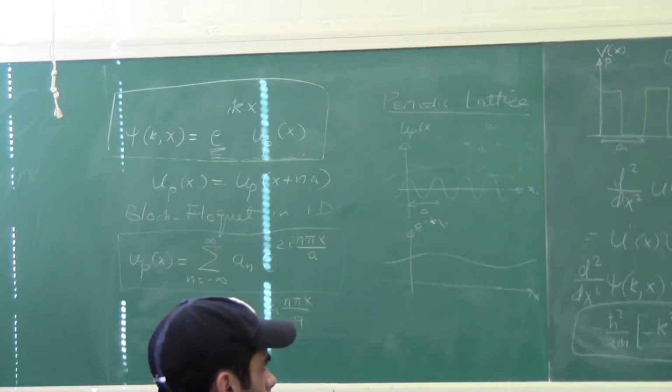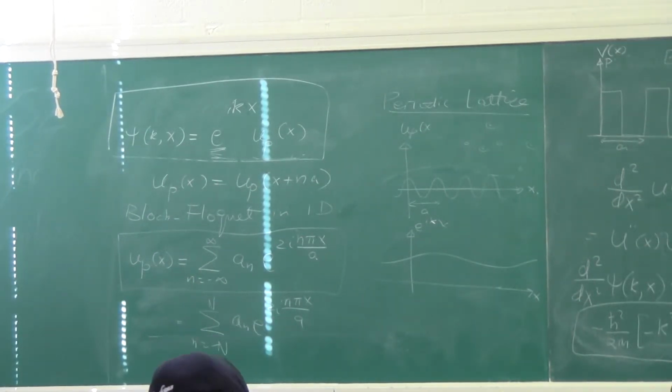Okay? And the question to ask is: is the matrix system that we finally obtain Hermitian? Is the matrix system Hermitian? Then we ask ourselves, what is the definition of a Hermitian operator?